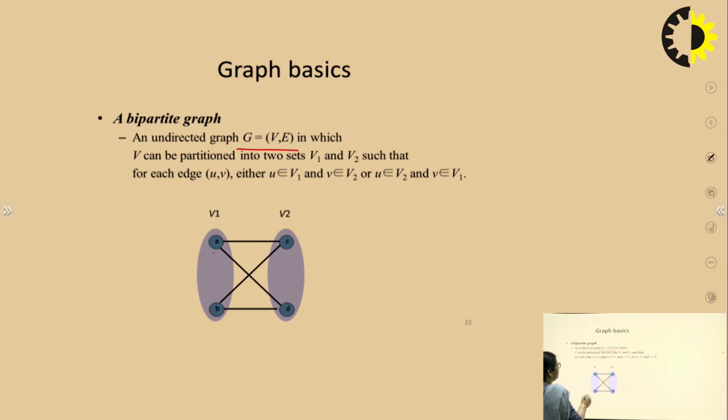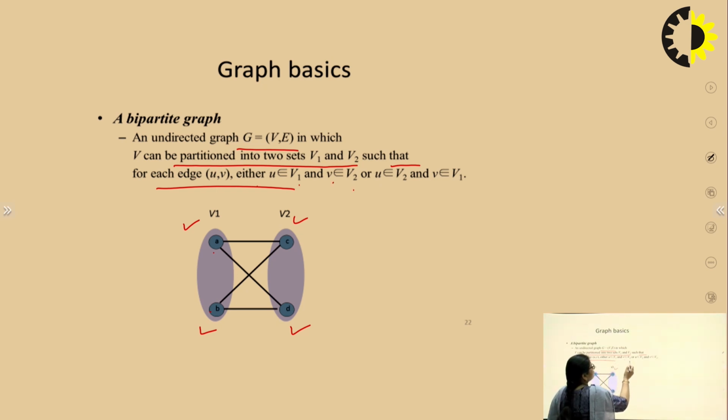But if we divide into 2 sets, one containing A, B and another containing C, D, if V can be partitioned into 2 sets, V1 and V2, such that for each edge UV, either U belongs to V1 and V belongs to V2 or reverse. It means it is from V1 to V2 or V2 to V1.